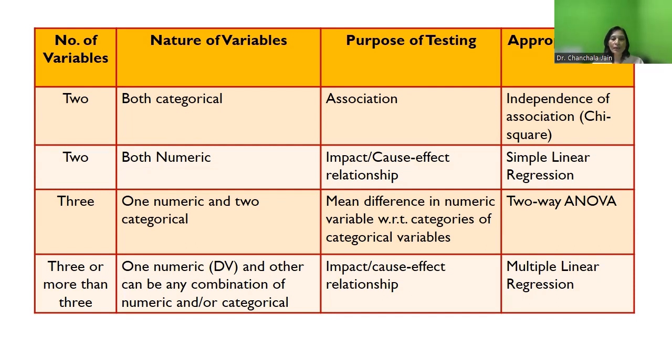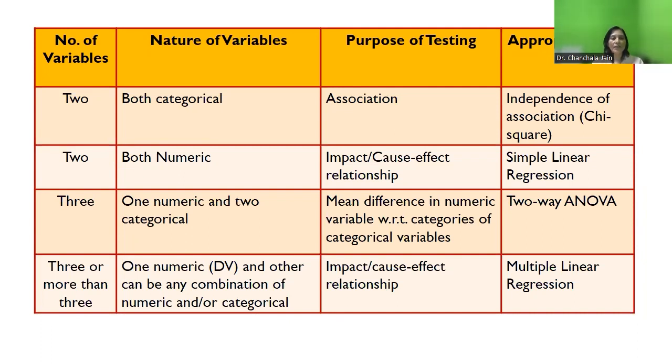If we have two numeric variables and we want to find the impact of one variable on the other, or the cause and effect relationship between them, we can opt for simple linear regression.